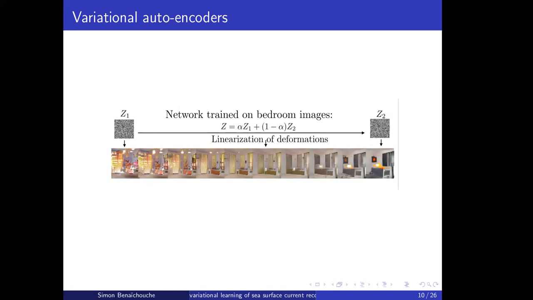In fact, those networks learn how to preserve the structure of the image using a class of deformations. Here is an example using a dataset of bedrooms. They show it to a variational autoencoder and try to do an interpolation on the latent space. And if you look at the middle of the image, it's still a bedroom.